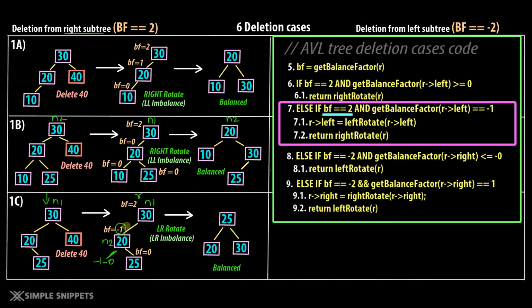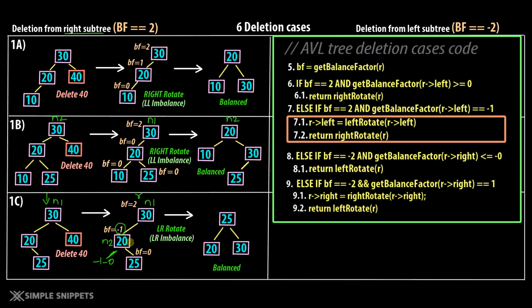However, in the AND clause we are saying, if the balance factor of the left child of this node N1, who's the left child of N1, it is N2. If the balance factor of N2 is less than 0, which is -1, in that case we have to do a left-right rotation.